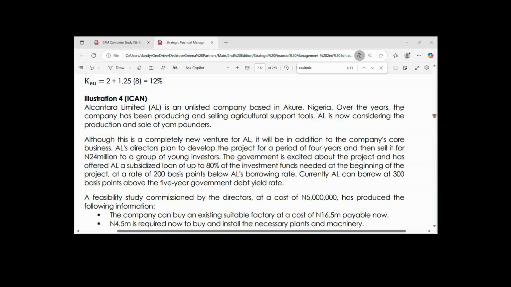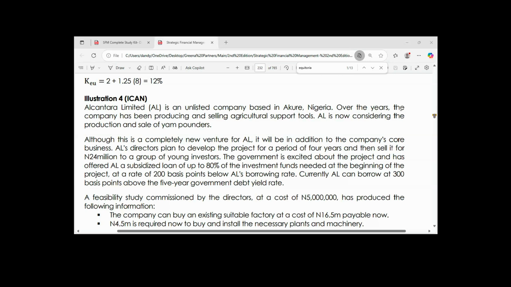Then step 3, you calculate the net subsidy. To get the net subsidy, you multiply the subsidy amount with the savings on subsidy and then 1 minus the tax rate. So that will give you the net subsidy. Then the last step, which is step 4, is to calculate the PV of net subsidy, which is computed as net subsidy multiplied by the annuity factor.